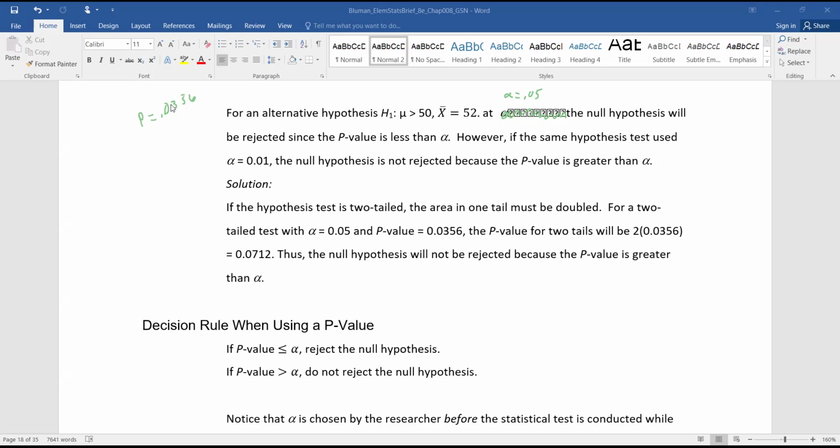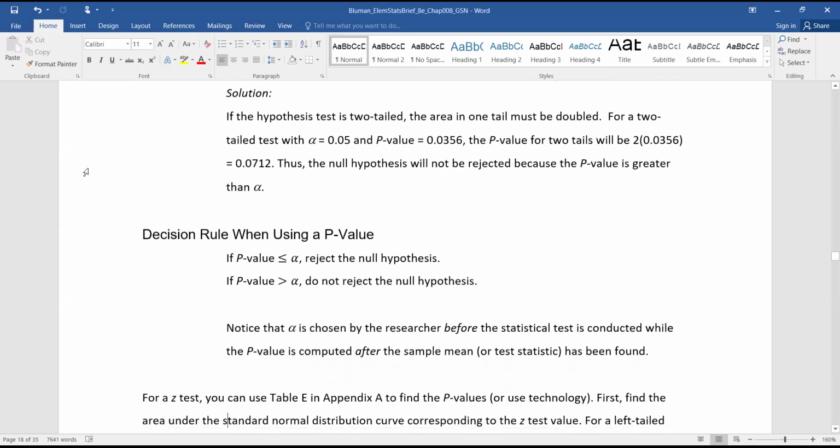So basically, if you have a two-tailed test for a certain alpha, you have to multiply by 2 for the p-value, and if that number is less than your alpha, then you can reject. In this case, when we doubled 3.56, we got 7.12, which is now larger than our 5%. So we're just not going to reject the null hypothesis on this two-tailed test. There's just not enough evidence. All right.